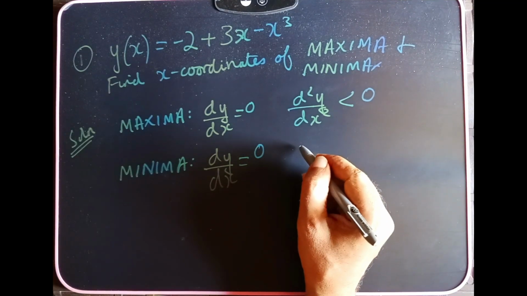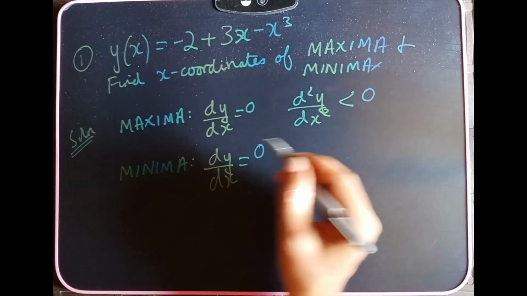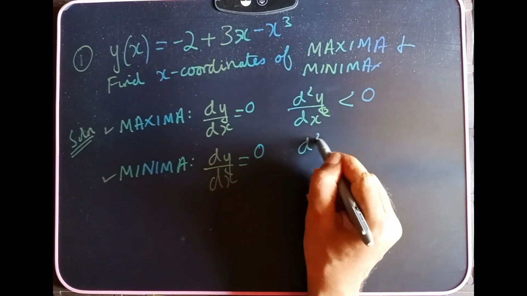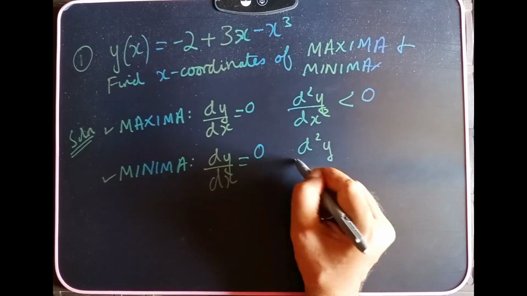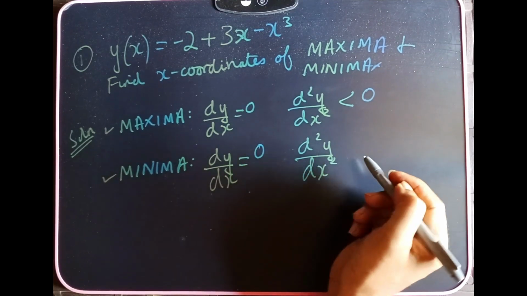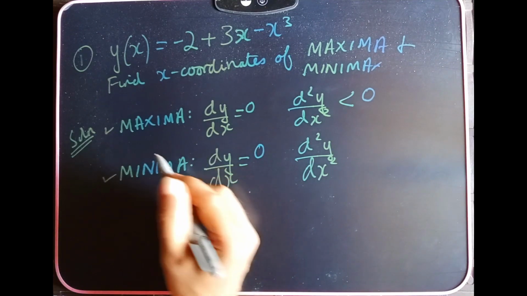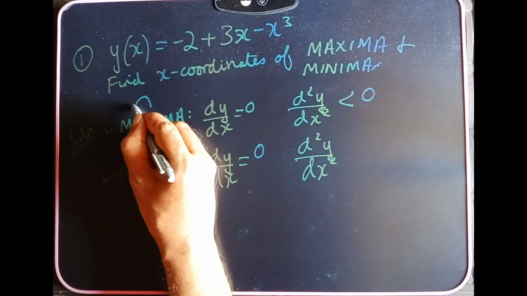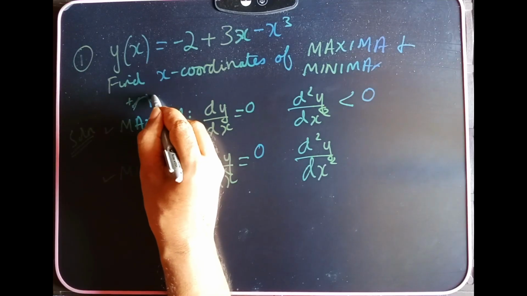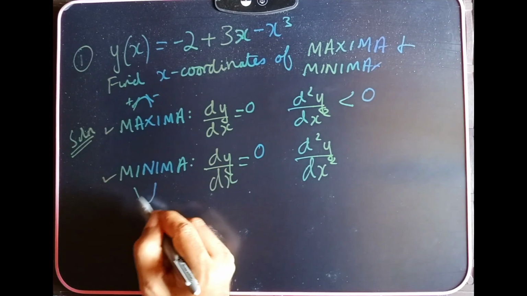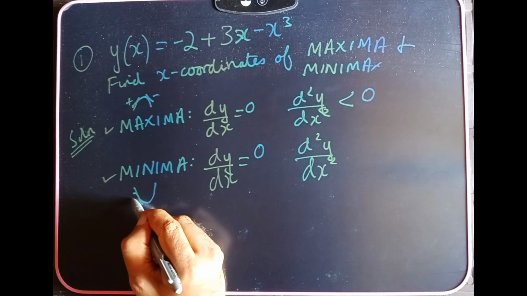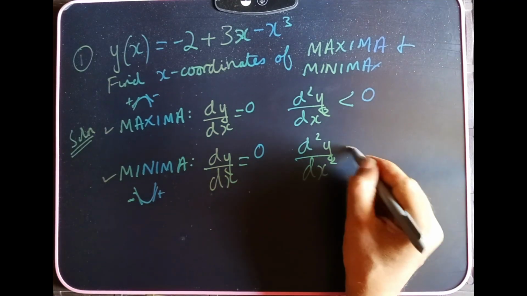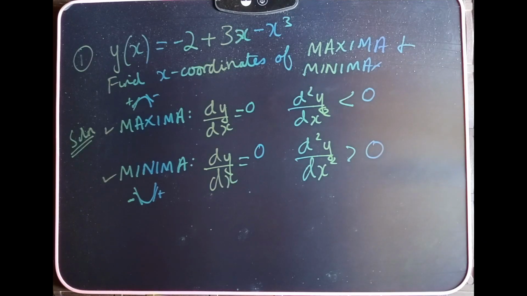When the slope is 0, the tangent is parallel to the axis, and these are the points where you will find the maxima and minima. But for minima, the double differentiation, because the slope changes here from positive to negative, and here it goes from negative to positive, should be greater than 0, right?